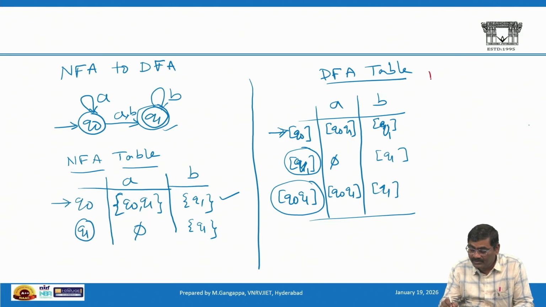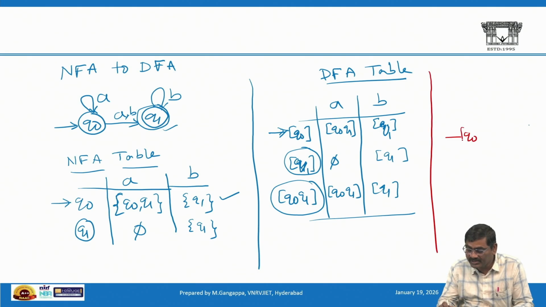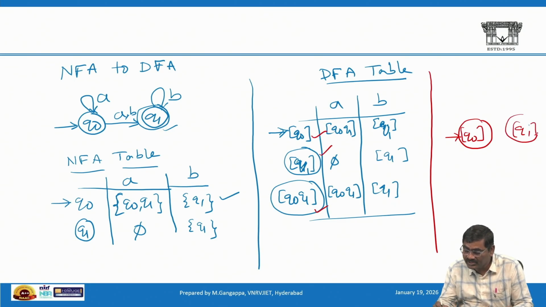First, what are the states here? It is better to write the states first. Q0 is one state. Next, Q1 is one more state. This is one state, this is one more state, and this is one more state. This is the final state. And the next one, Q0, Q1, is one more state in the DFA.